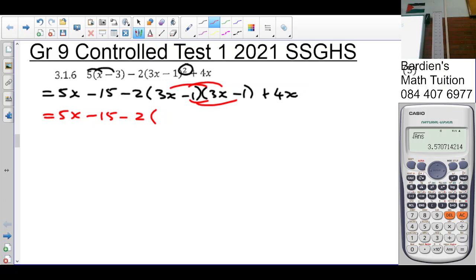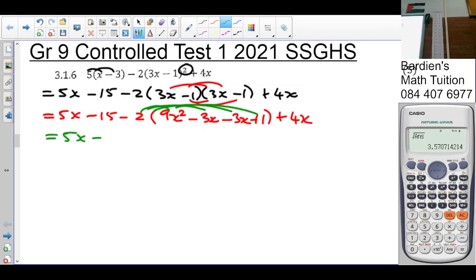So 3x times 3x is going to give you 9x squared. 3x times negative 1 is negative 3x. Negative times 3x, negative 3x. Negative 1 times negative 1 is positive 1, plus 4x. So what can we do now? We multiply and get rid of this bracket.